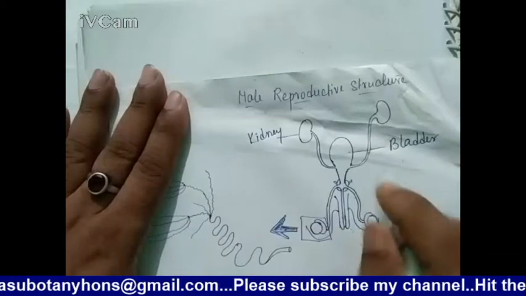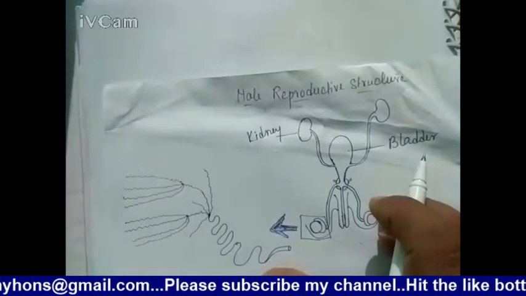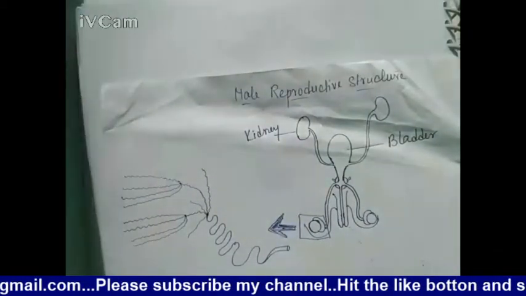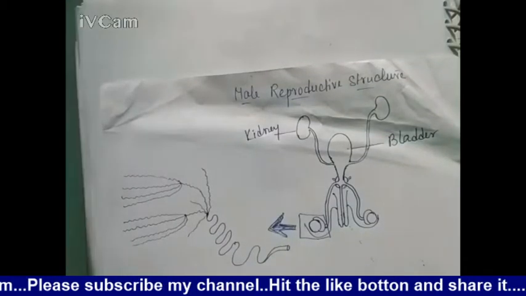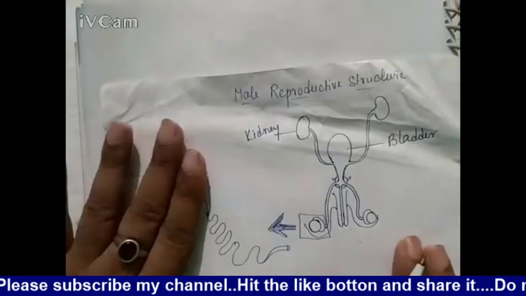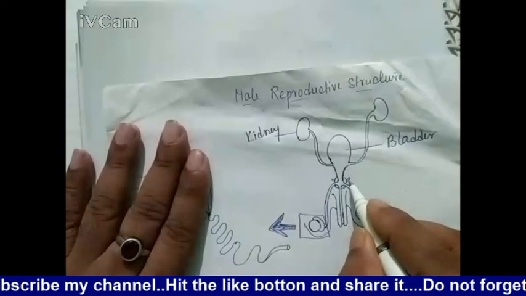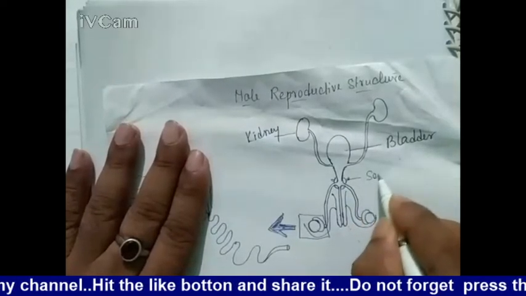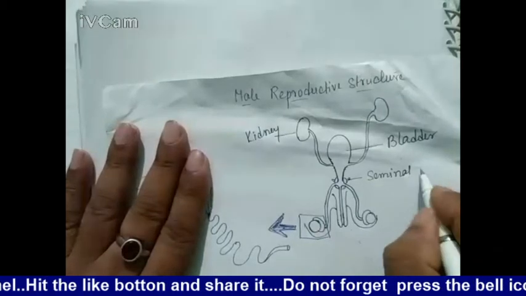Look. In this structure, this hair-like portion, this portion is the seminal vesicle. This is the seminal vesicle.